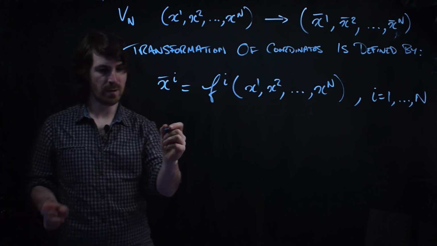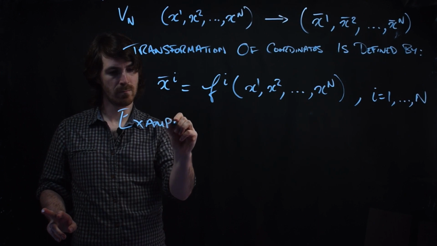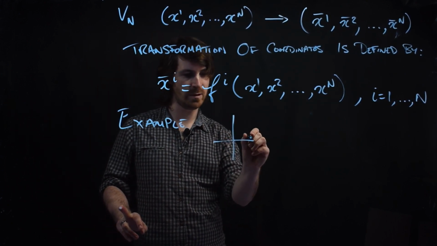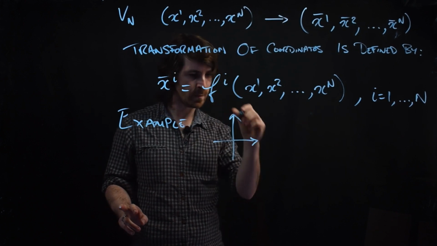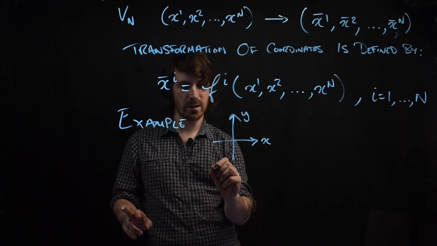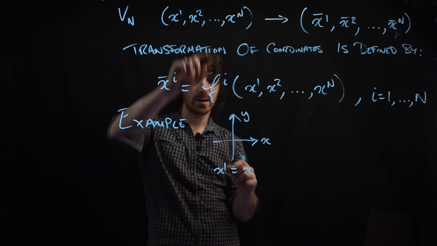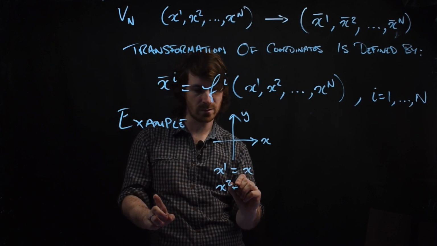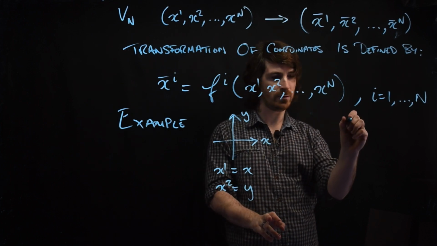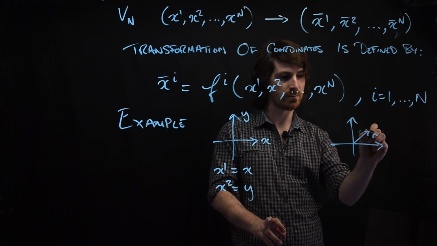Okay, so here's an example. If we think about a 2D Cartesian system, x and y. Okay, so here our x1 is x, and our x2, our second coordinate, is y. And maybe we want to transform to a different coordinate system where we have some r and a theta.